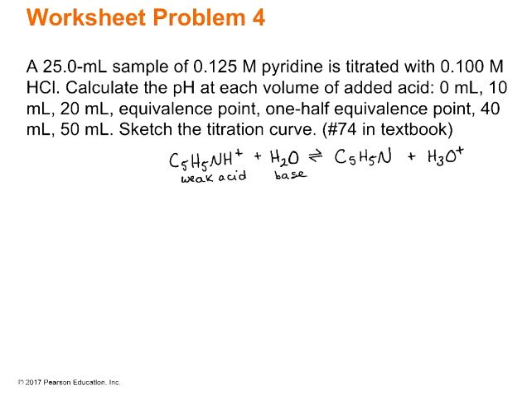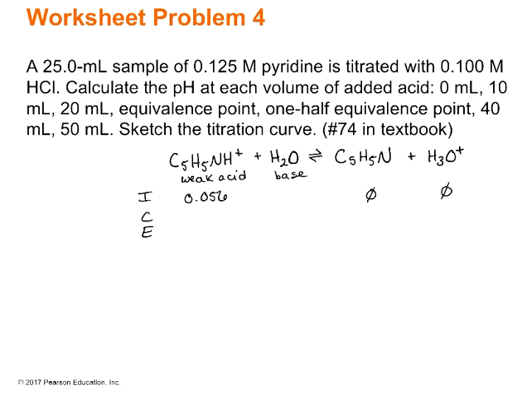Okay, so now let's make an ice table. And I'm just going to use this equation as the first row. So initially our concentration of the conjugate acid is 0.056. We just calculated that. And then we don't have any pyridine initially or any hydronium ions initially.